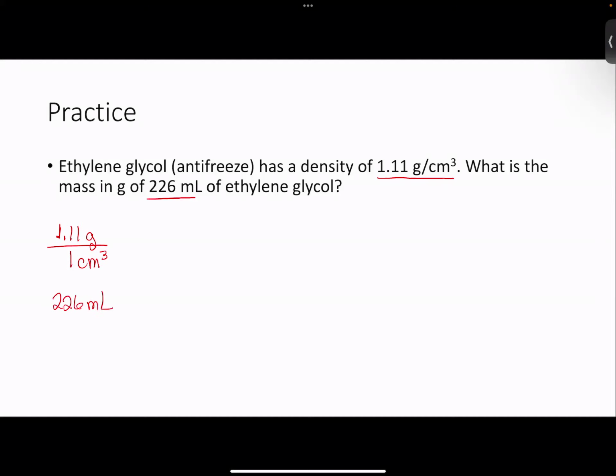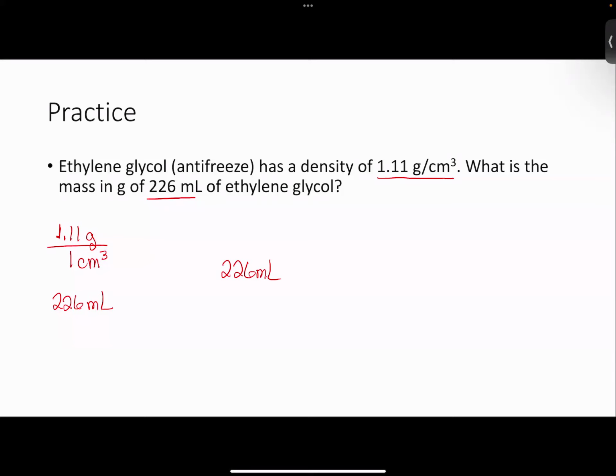Which of those units am I going to start my calculation with? Milliliters, because there's only one unit associated with it. Now, I know I got to use the density because density is your only conversion factor that is going to have mass and volume.